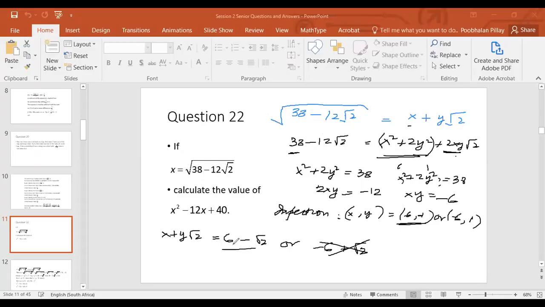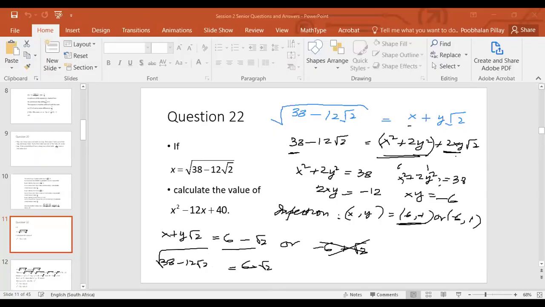So the square root of 38 minus 12 root 2 is actually equal to 6 minus root 2. All right, now once you got that, just remember it's 6 minus root 2.